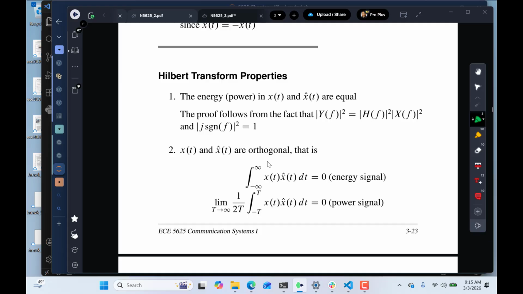In physics, it was the dot product between x, y, and z coordinate vectors, but in mathematics in general, the abstract vector space idea would just say x is orthogonal to another waveform, say x hat, if the integral of the product, forming an inner product or dot product, is equal to 0.